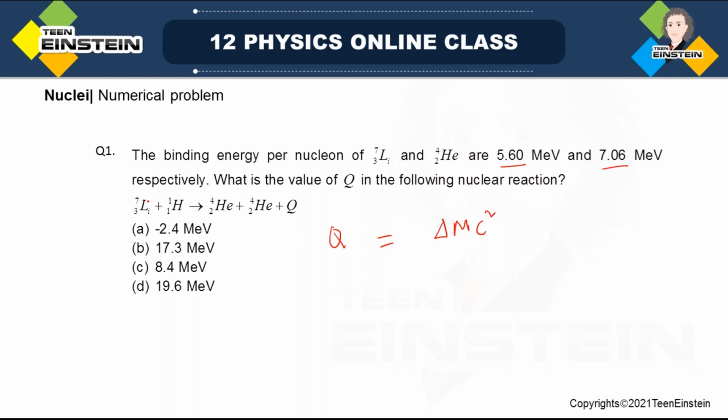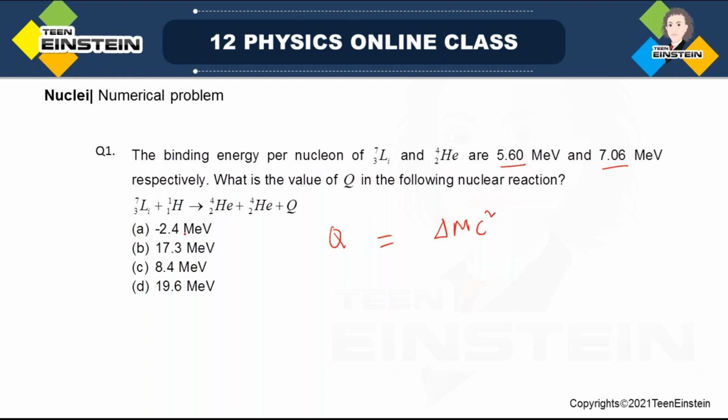Lithium is the parent nucleus, so that parent nucleus along with this proton have in total greater mass than the mass of these two helium. I am talking about atomic nuclear mass.